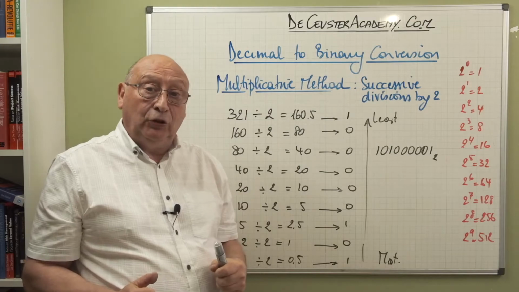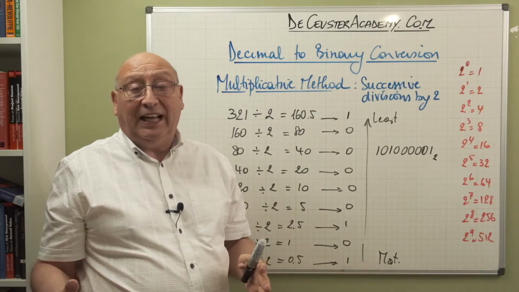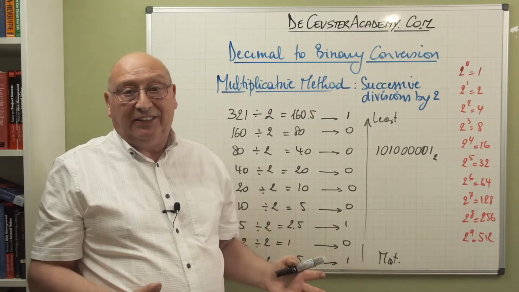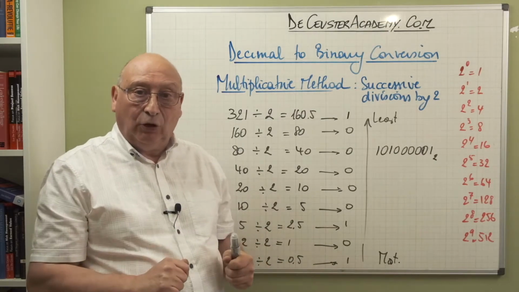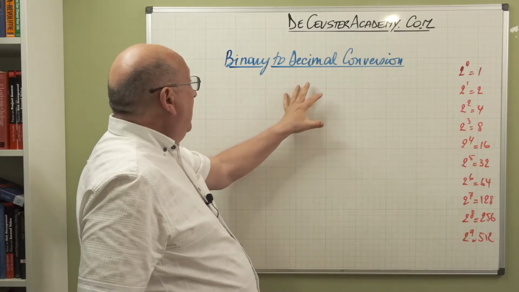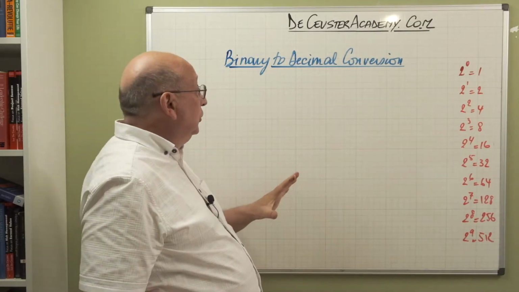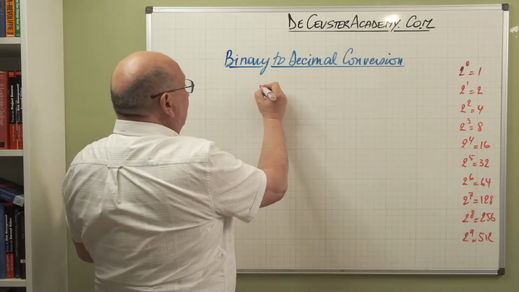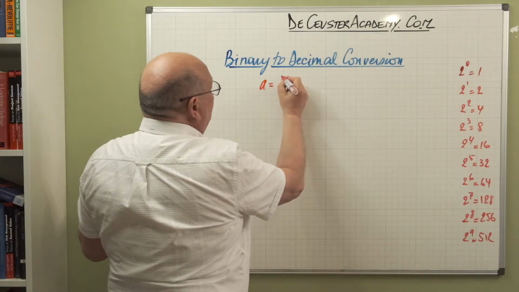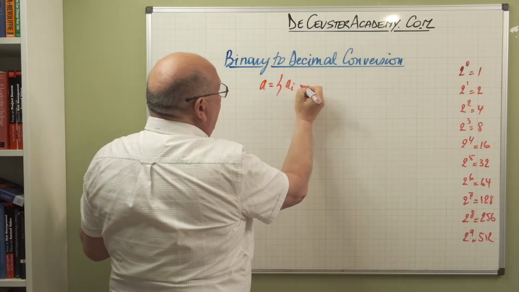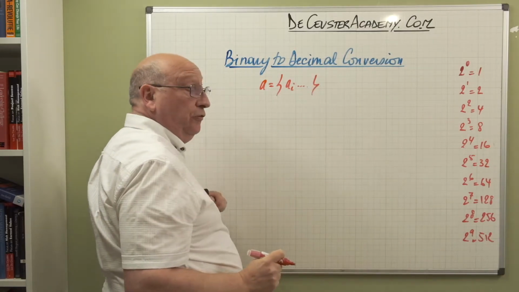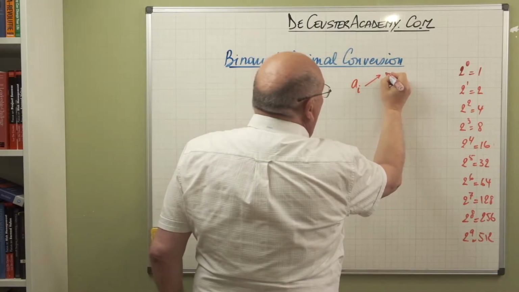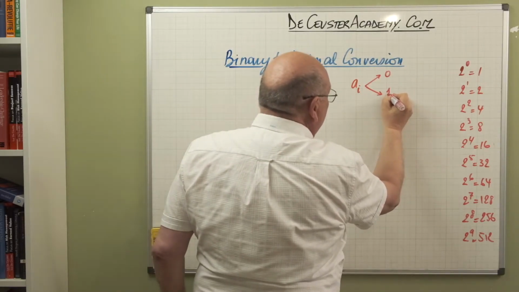What we now have to do is to see how do we get from a binary number, again, to the decimal number. Let's have a look at that. To go from a binary to a decimal conversion, we have to see that our number A is written as a set of a_i coefficients, a_i being 0 or 1.